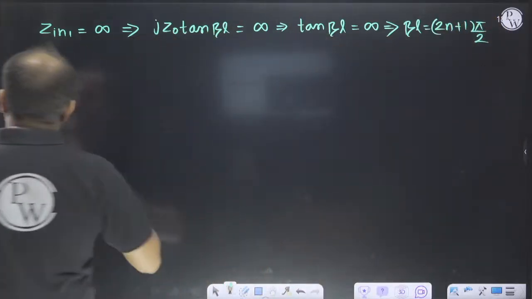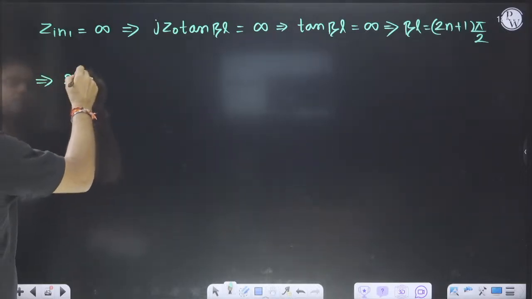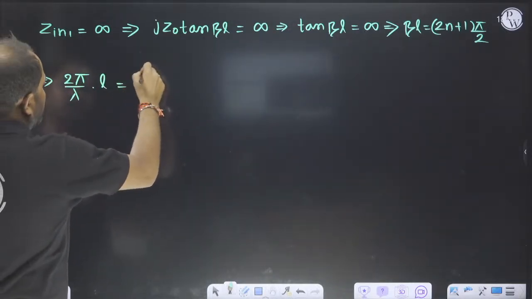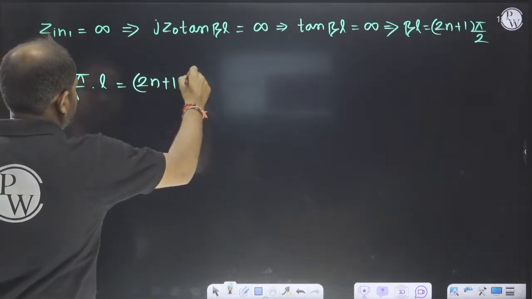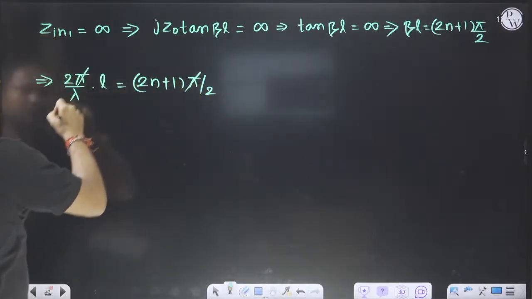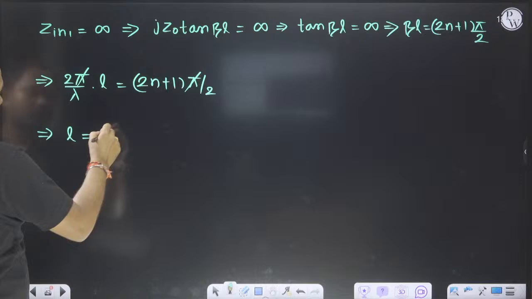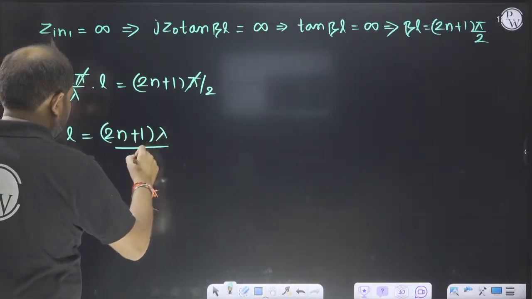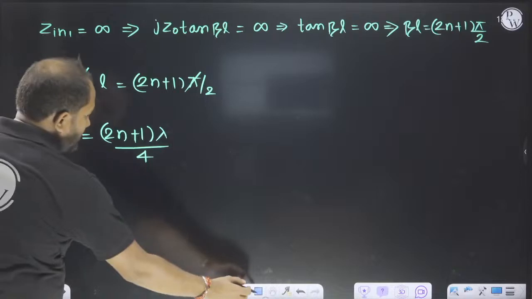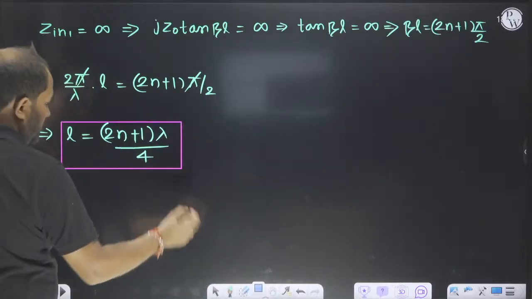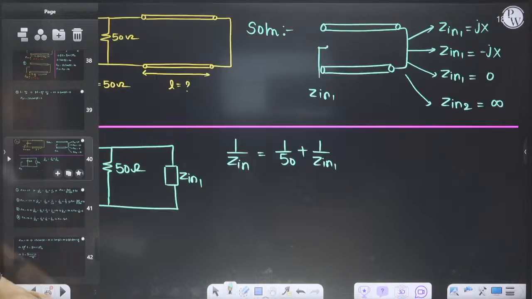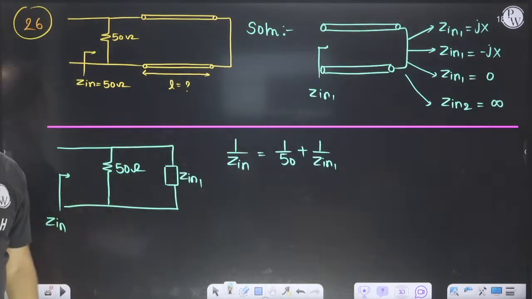Beta L is 2 pi by lambda times L, and it equals an odd multiple of pi by 2. So L should be equal to an odd multiple of lambda by 4.